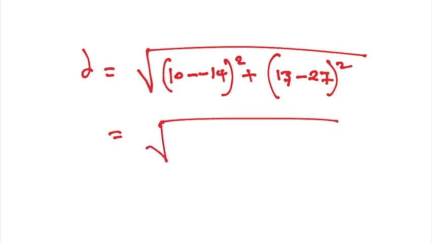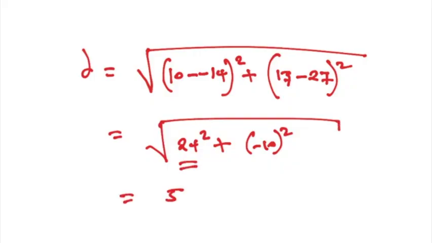So this is 24 squared plus negative 10 squared. That one is 576 plus 100. The minus doesn't matter because you are squaring.